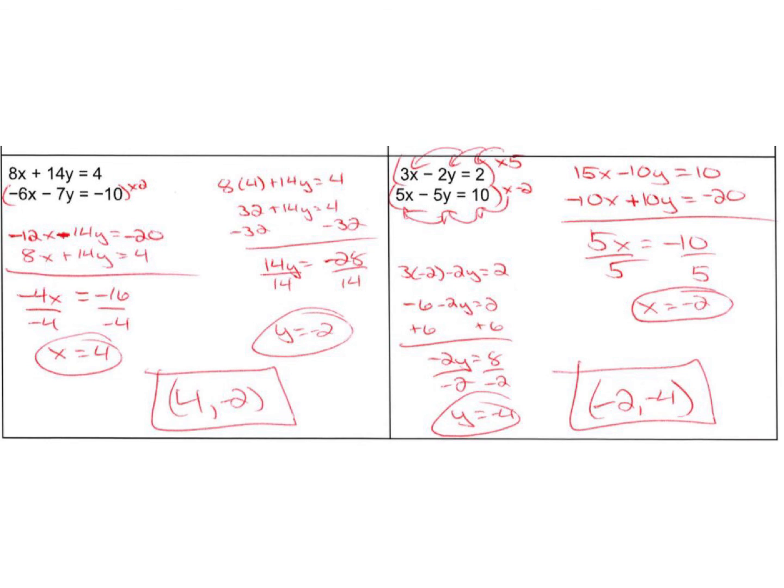And this last one doesn't look like there's any easy way of going about these, but I'm just looking at the 2 and 5 here, and just going to multiply to get rid of our y's first. So that means we'll have to multiply one by a 5, one by a -2, get our new equations over here, which now allow the y's to cancel so we can solve for x. Once we have x, plug it in, solve for y, and here's our answer.